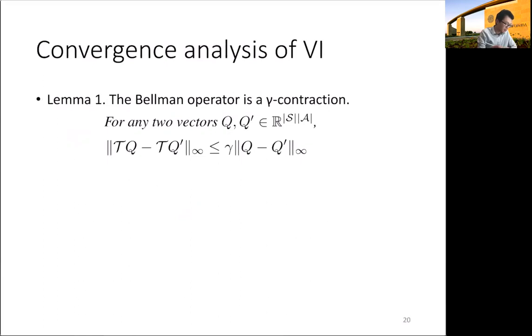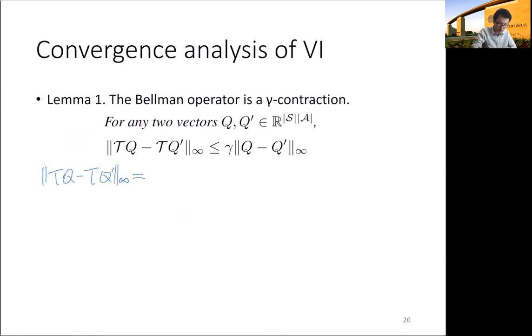So let's prove this. We'll start from the left-hand side, the L infinity norm of tau Q minus tau Q prime. This is by simply plugging in the Bellman optimality equation.